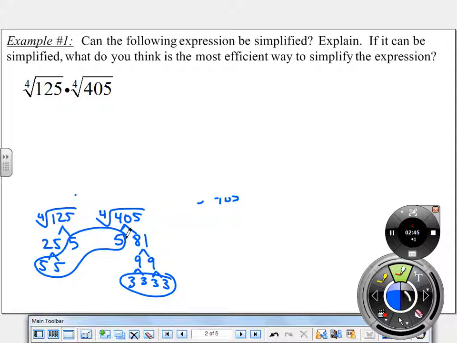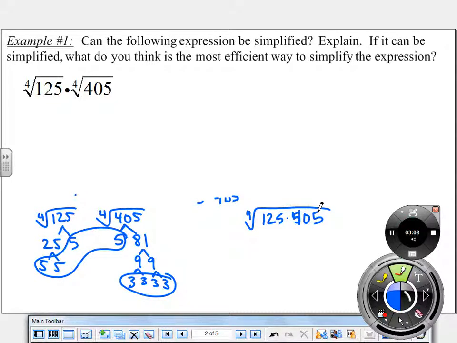Okay, so little hint. If right after you multiply 2 numbers together, the next thing you're going to do is break them apart, did you need to multiply them together? No. Okay? So you can think of these as underneath one radical as they are. Oops, 405. Okay.